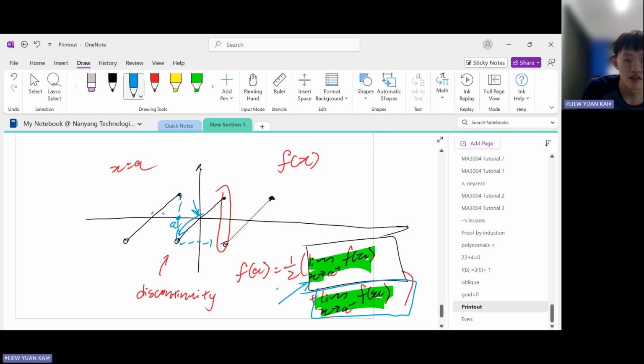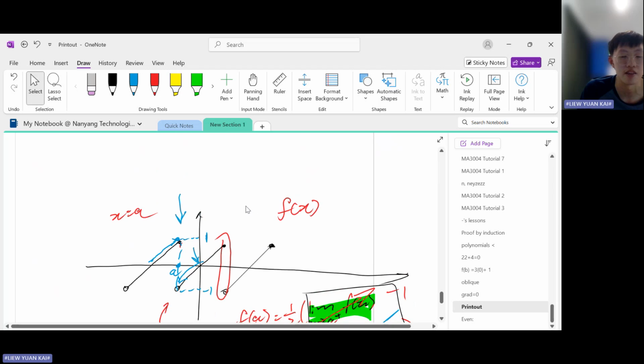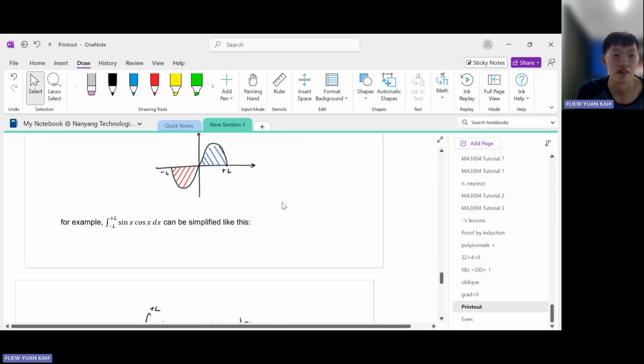So you go to the left of x equals a, and then you move forward until you reach that point. You arrive at this y value, which corresponds to, let's say, 1. So this value down here is -1, and this value up here is 1. You substitute, and then you can calculate the value at the discontinuity. So that's that.